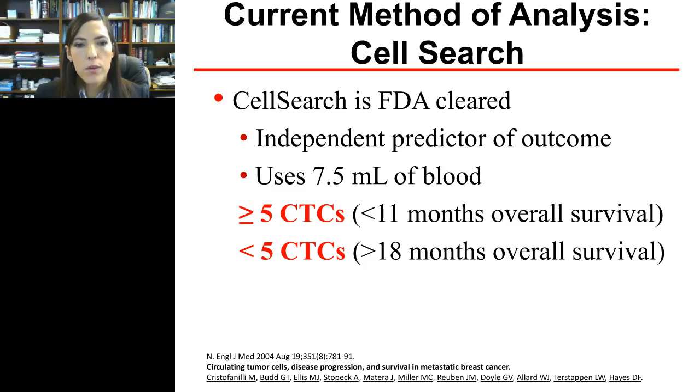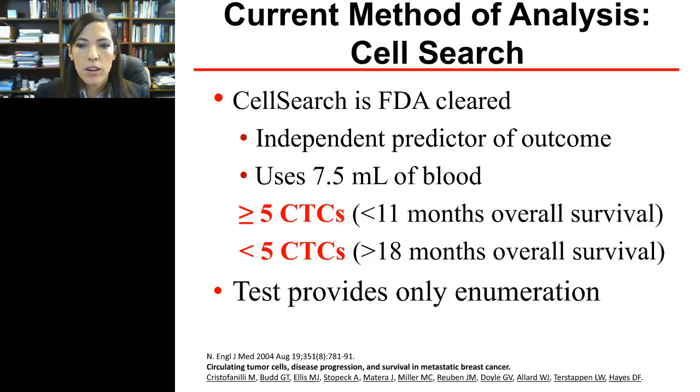But if they have fewer than 5 CTCs, they're associated with better prognosis, specifically greater than 18 months of overall survival. And this test has been validated over and over again, and these values are very consistent.